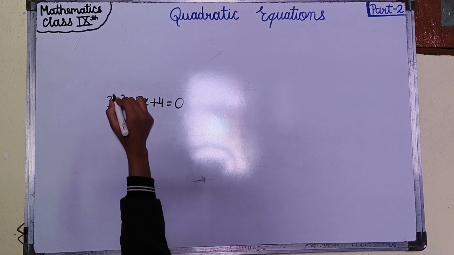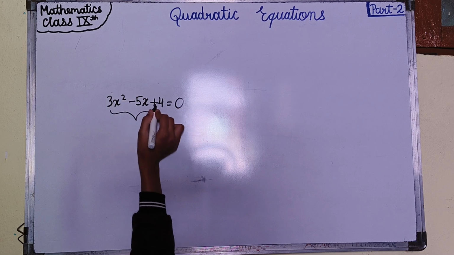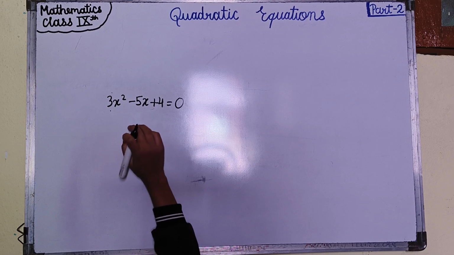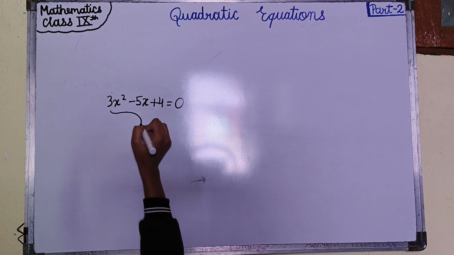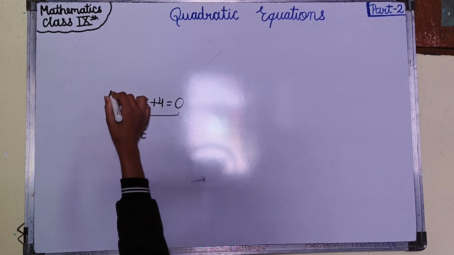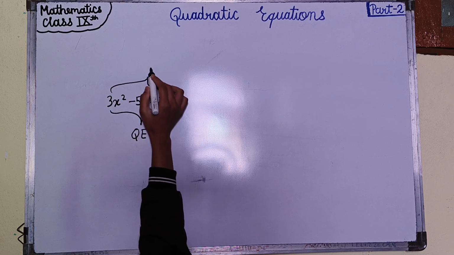Now, this is the quadratic polynomial, and we will say it as quadratic equation only when this will be equal to 0.